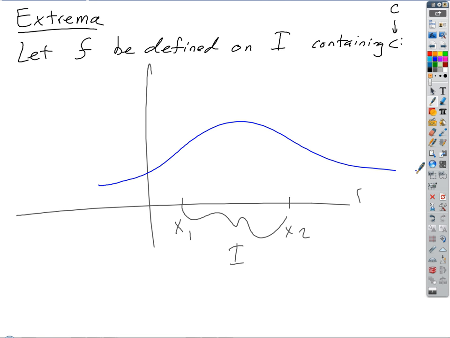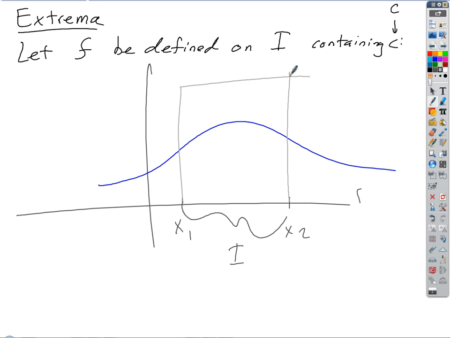If we want to focus only on the part of our function contained on the closed interval, which means it includes the endpoints, from x sub 1 up to x sub 2, I want to define an extremum.